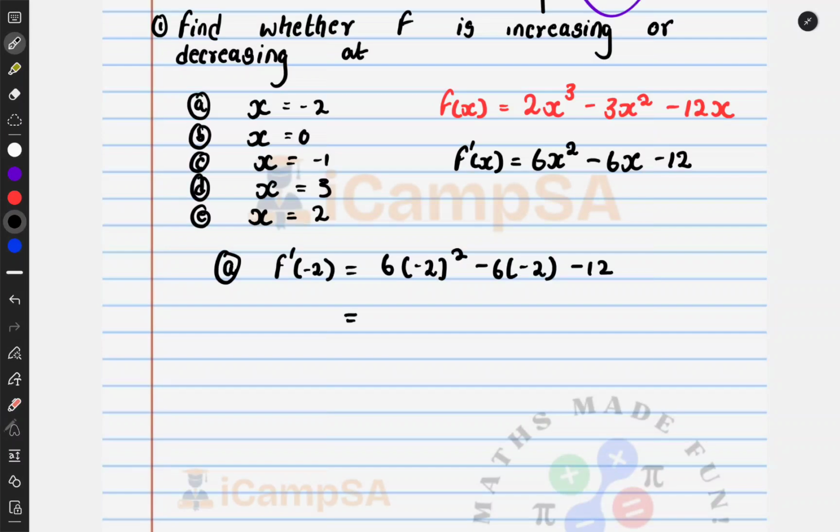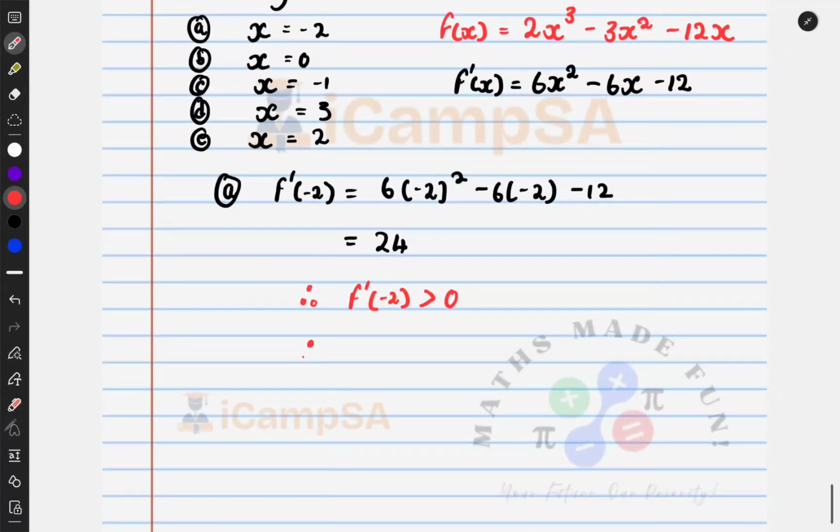And then -6 times -2 will be +12. Plus 12 minus 12, the last two terms cancel, so we just have 24. Since 24 is positive, f prime at -2 is greater than 0. Therefore, f is increasing.